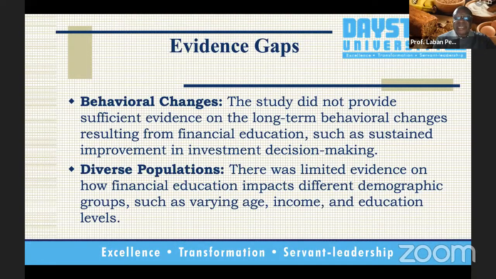Diverse populations. There was limited evidence on how financial education impacts different demographic groups, such as varying age, income, and education levels. So you have searched and now you're saying, by the way, this is my gap. And this is what I'm going to chase in my study. Practical outcomes.